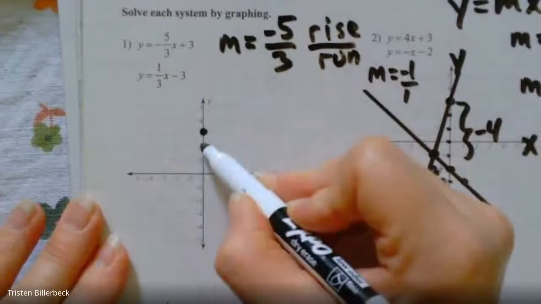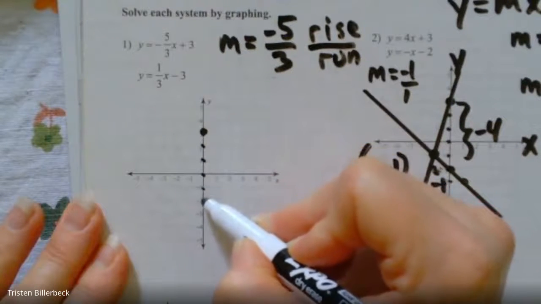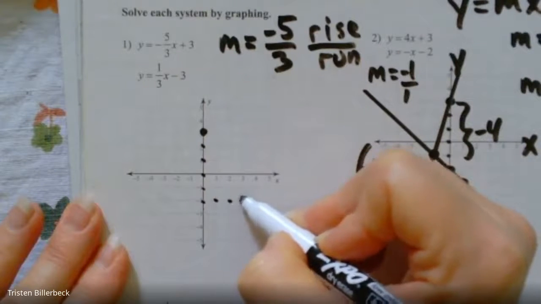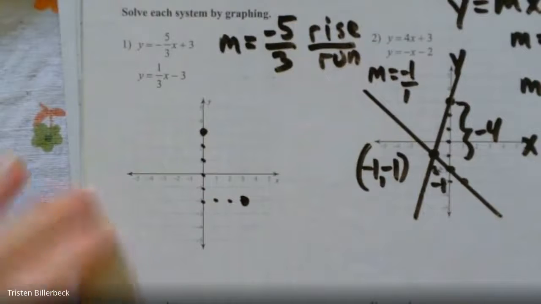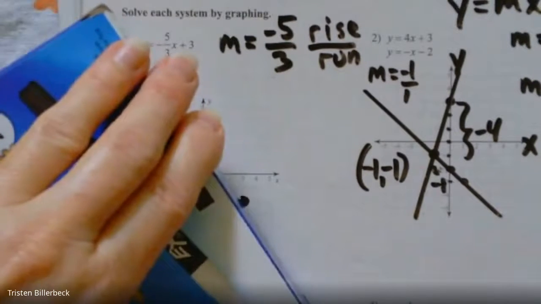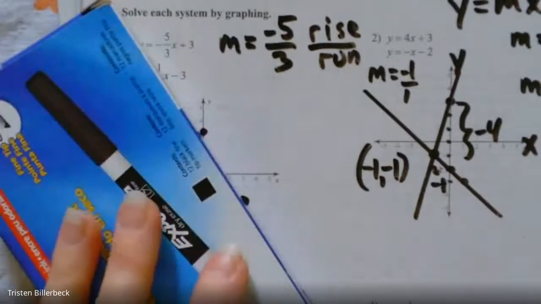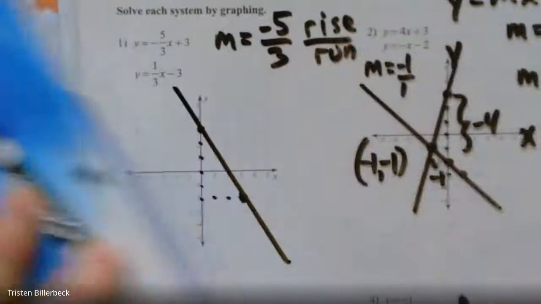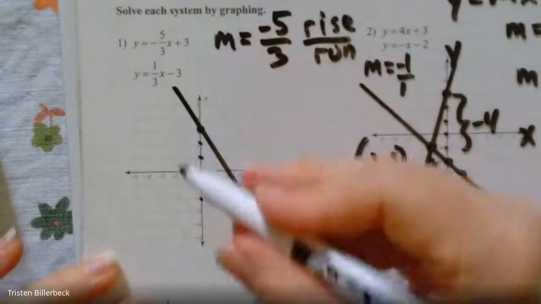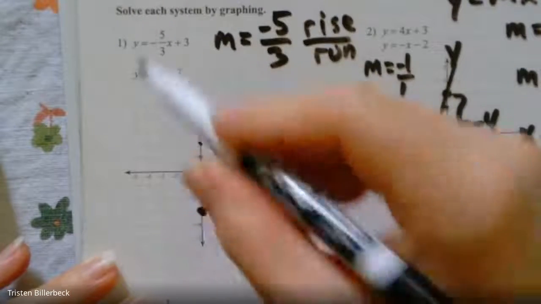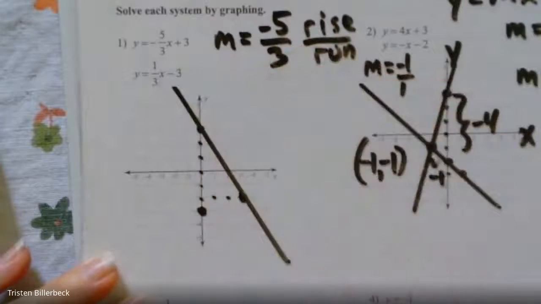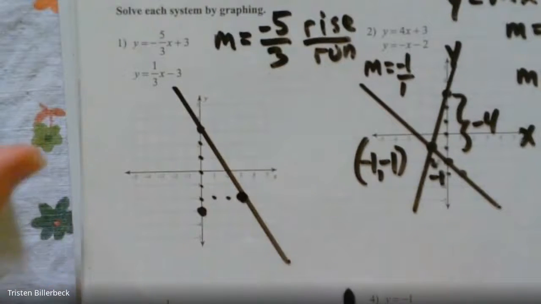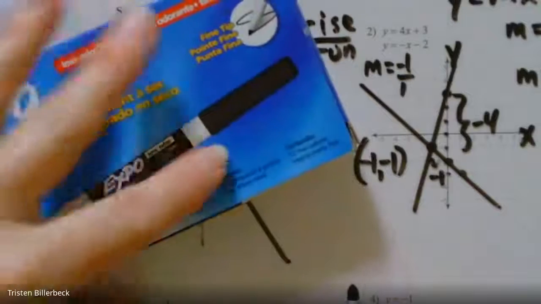So we rise 1, 2, 3, 4, 5 down, but +3 over. And that gives us our second point. So now we can graph that line. And the next one we start at -3, and its slope is 1/3. So we rise 1 and run 1, 2, 3, and look, we have the point of intersection right there.